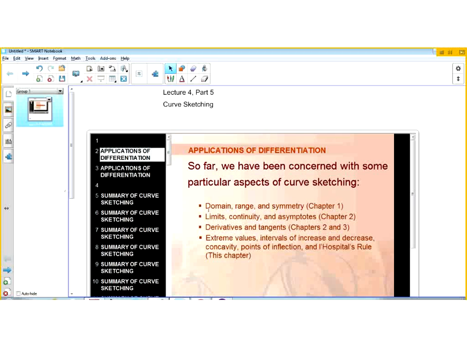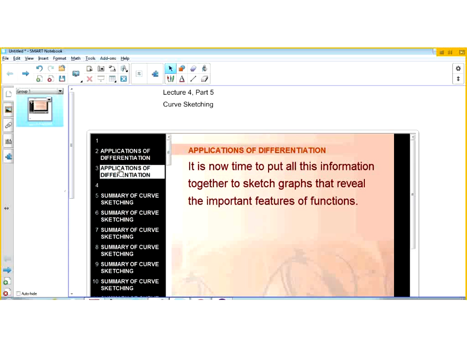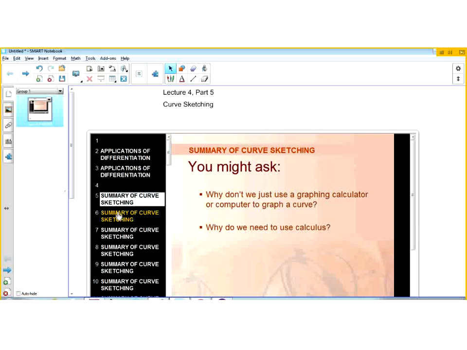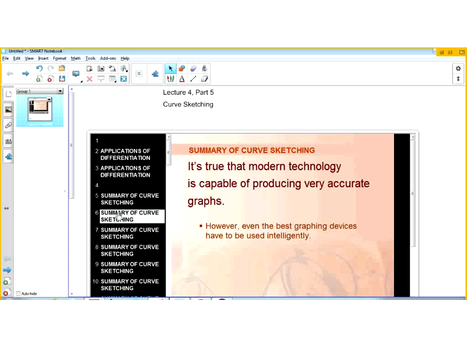Remember the discussion of definitions of vertical and horizontal asymptotes in terms of their limits. Talked about derivatives and tangents, Chapters 2 and 3. And we talked about extreme values, intervals of increasing and decreasing, concavity, points of inflection, and L'Hopital's rule, which was the most latest discussion. So we're going to put all of this together, assemble all of this information together into a comprehensive graph sketching technique.